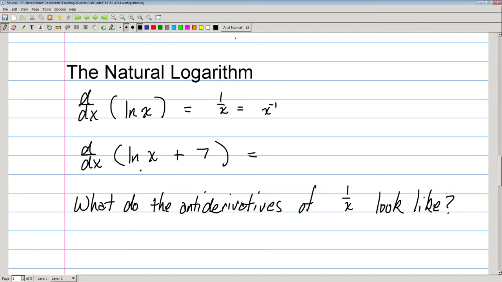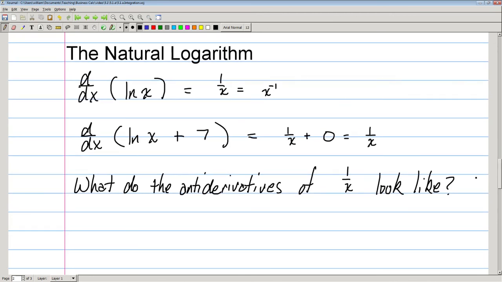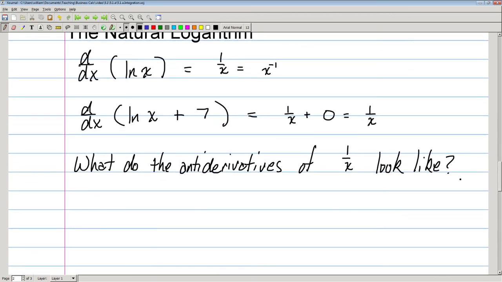What's the derivative of log x plus 7? Well, it's the derivative of natural log plus the derivative of 7, which is 0. So it's still just 1 over x, or x to the negative 1. And so we ask ourselves, what do the antiderivatives of 1 over x look like? Well, they look like the natural log of the absolute value of x plus c. Again, c is any real number will do because they're all vertical translates of each other.